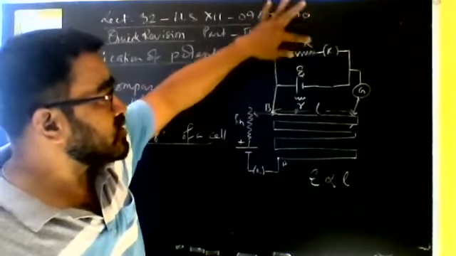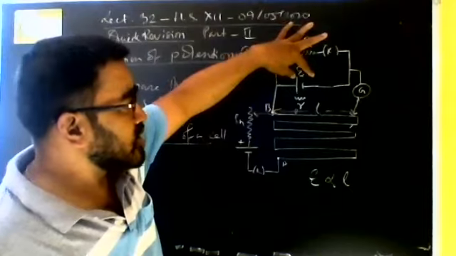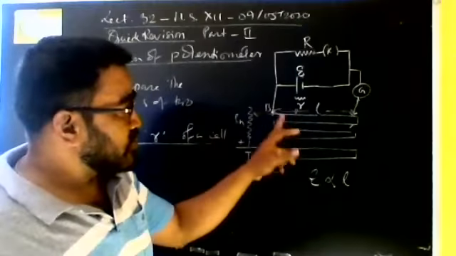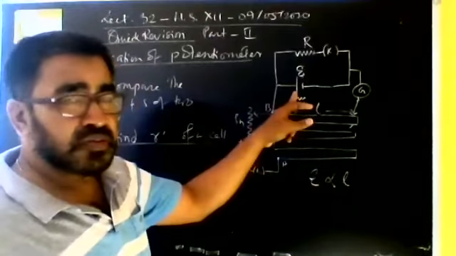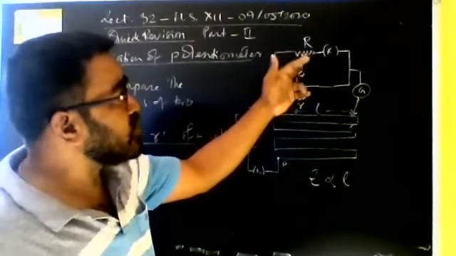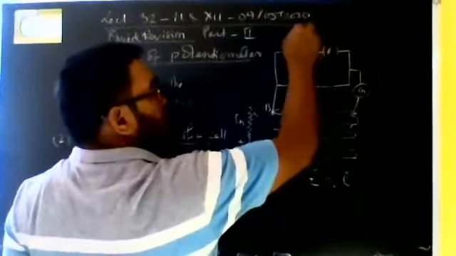Initially, without current passing through it, you are getting the EMF. The potential drop is equal to the EMF.